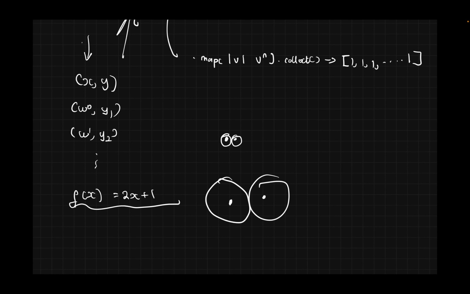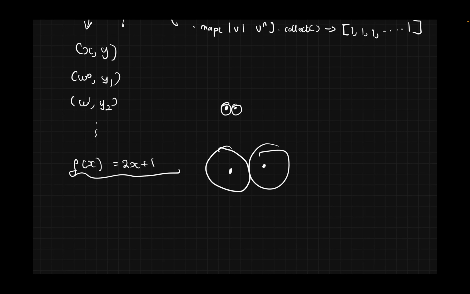Let's say we got it from, so this is the message. Now what we do next is we have the roots of unity, and we evaluate this polynomial at the roots of unity.